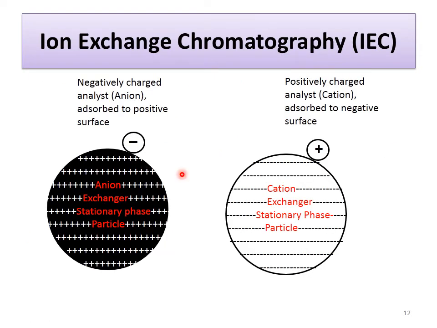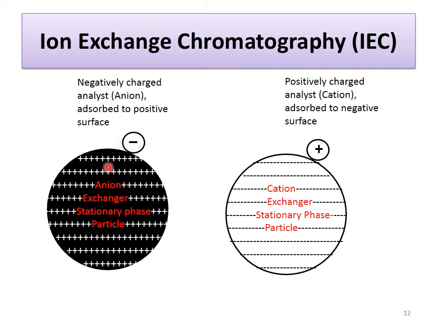This is a diagrammatic representation showing the stationary phase which contains positive charges on it. So negatively charged proteins can come and bind here, and later these proteins are going to be displaced by the negative ions of the salt. Many a times the salt used in the process is sodium chloride. So the chloride ions, as their concentration increases, are going to displace this negatively charged protein and bind to the stationary phase.